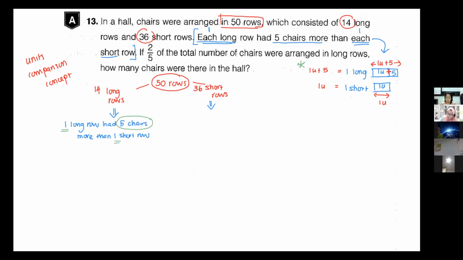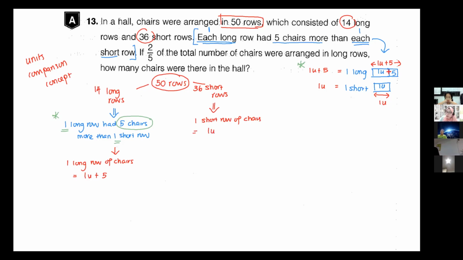This is where you can refer to the asterisk, all right? So I can say that one long row of chairs is 1 unit plus 5. However, one short row of chairs is 1 unit.